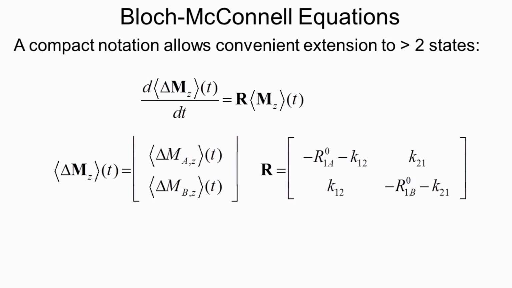Frequently, the superscript 0 is used to indicate the relaxation rate constant in the absence of any chemical exchange process. So R1 super 0 there would mean the relaxation rate constant coming from overall tumbling, dipole-dipole interactions, the chemical shift anisotropy, quadrupole relaxation, etc. And then we have the contributions from the jumps.